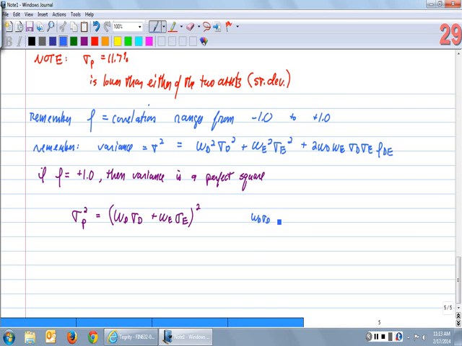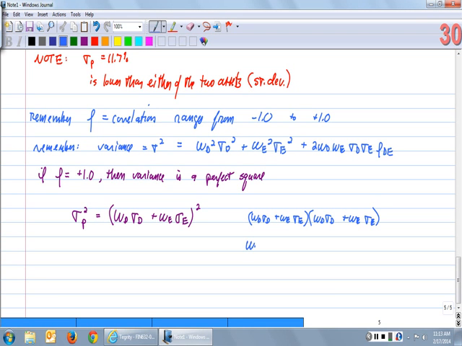WD sigma D plus WE sigma E, and we said it's a perfect square, so multiply it times itself: WD sigma D plus WE sigma E. Let's use the FOIL method.